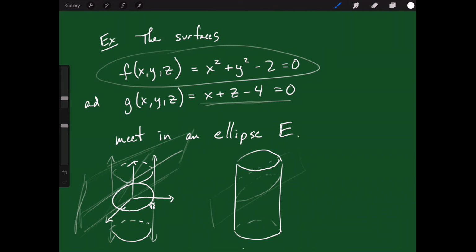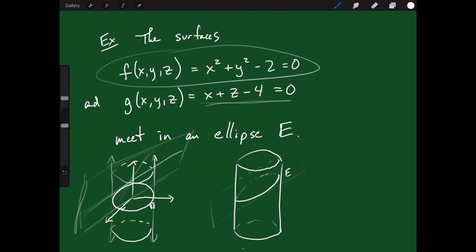And so it would intersect that plane at some ellipse. Okay, so that ellipse where they intersect is what I'll call E. So that's the ellipse E. Now notice that the ellipse E is a part of the cylinder, and it is a part of the plane. It's both, correct?